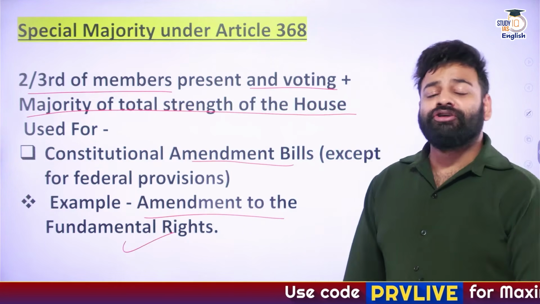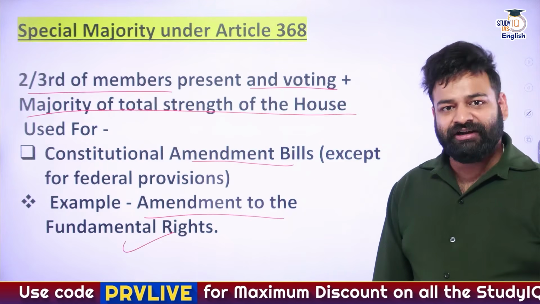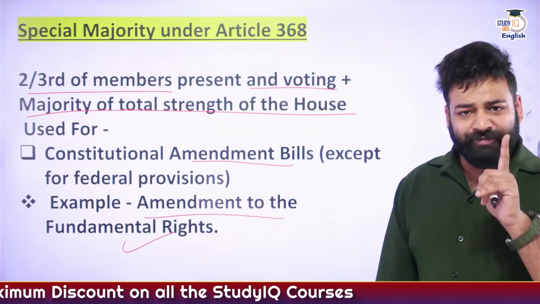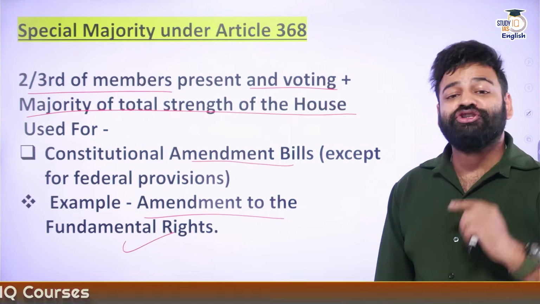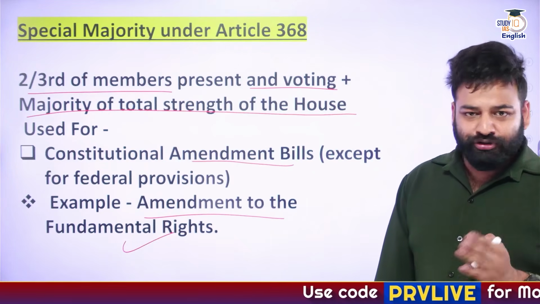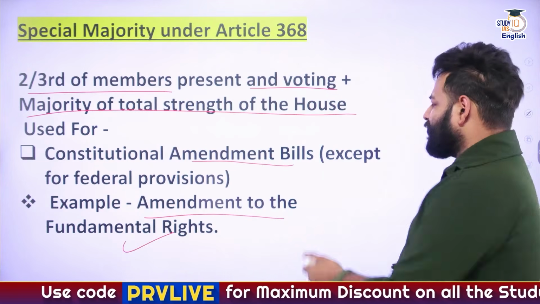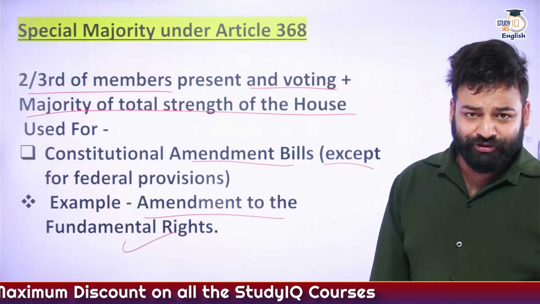Constitutional amendment is mentioned under Article 368, and it says special majority, that is 2/3 of the members present and voting, plus a majority of the total strength of the House. It is used for constitutional amendment bills except for federal provisions. And why this exception? It will be understood in the third type of special majority.